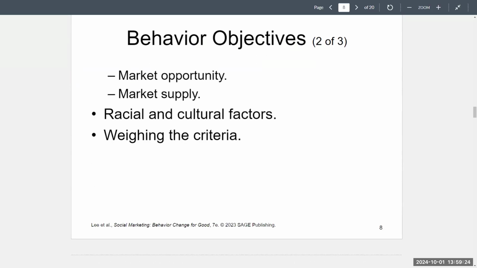For example, in a campaign that promotes vaccination, understanding that cultural factors may influence vaccine hesitancy should lead to culturally tailored communication strategies, even if the market opportunity is high. It's not about the fact that there is a high need for this, but how people are willing to respond to it, and what that means. How do we change our communication method as a result?